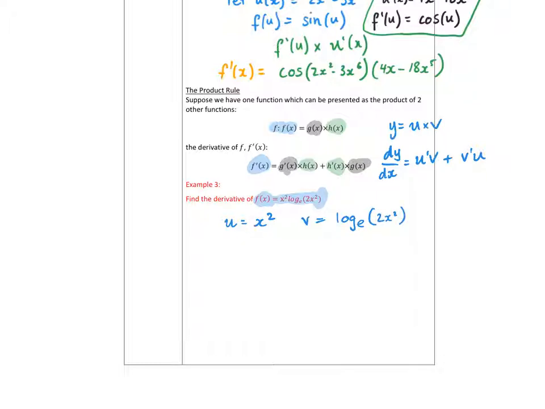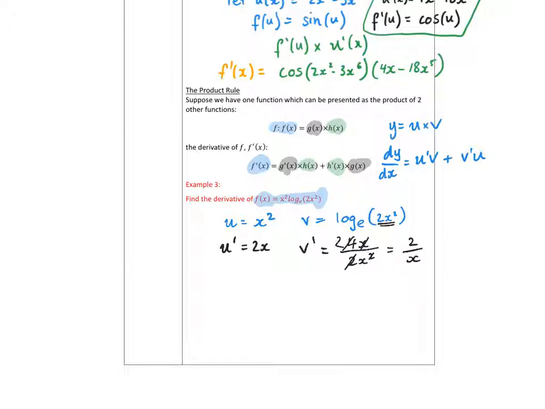Well, if we now derive both these things, u dash is equal to 2x, and v dash, well, the derivative of log of a function is going to be the derivative of what's inside, so we get 4x divided by what's inside itself, which is 2x squared. We note that the x's cancel down once, and that we end up with 2 over x. So if I've got u equals x squared, u dash equals 2x, v equals the natural log of 2x squared, and v dash equals 2 over x.